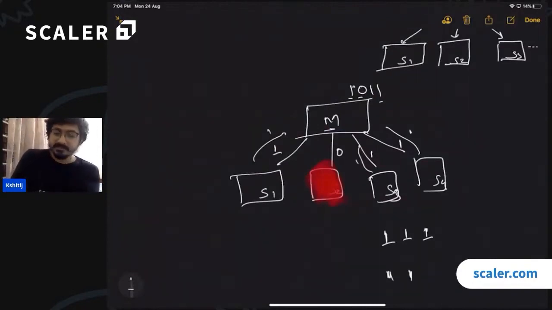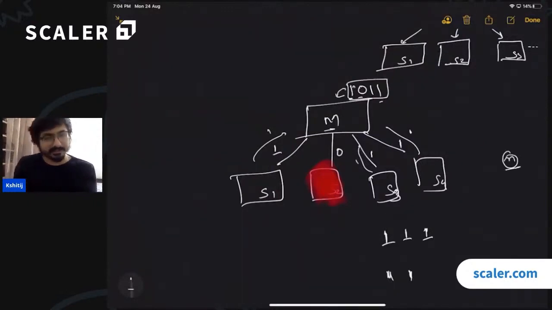You have a master server and you are inputting a binary string of length n, where n is the number of slave servers that you have. The master server distributes each and every bit in the exact same order to all the slave servers, and then asks for the bits to create the string again.